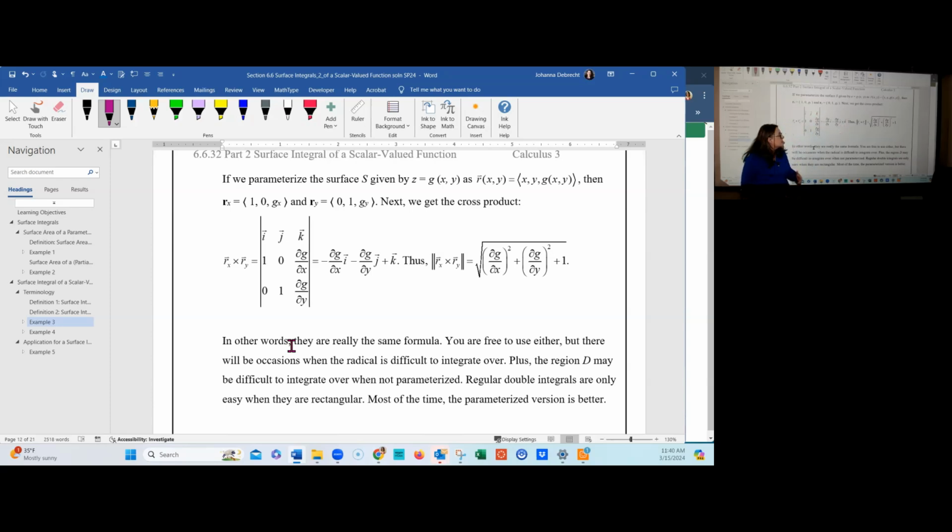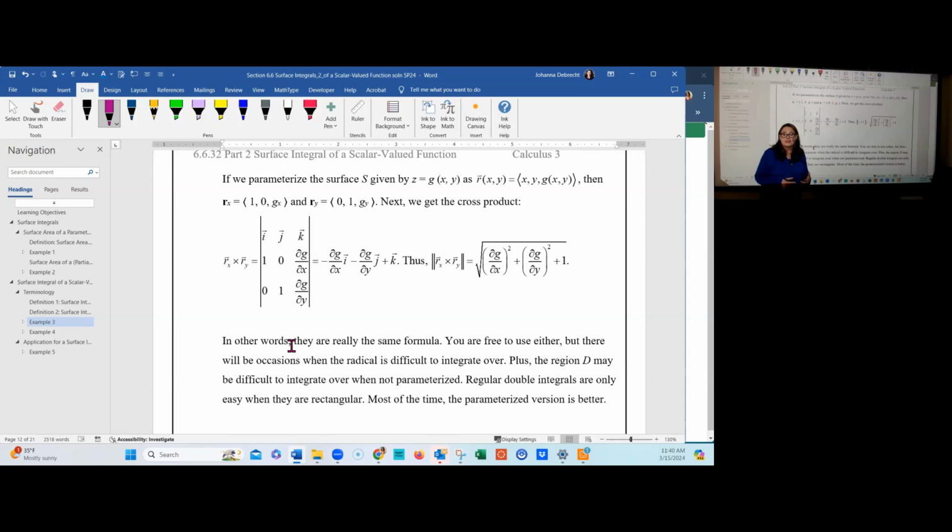So this tells me that the magnitude of r sub x crossed with r sub y is the square root of the partial of g with respect to x squared plus the partial of g with respect to y squared plus 1. In other words, the magnitude of this cross product is exactly that square root that we found in that formula.